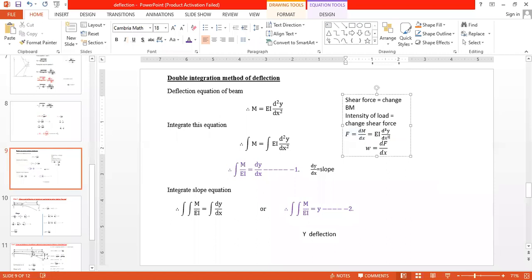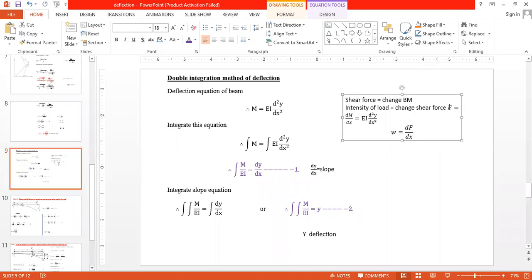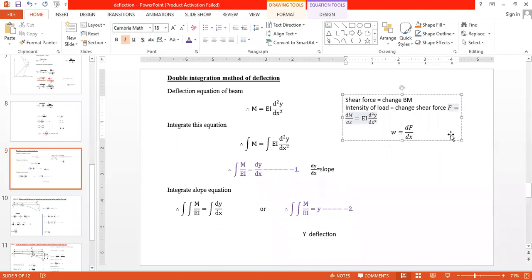That means it is the third derivative of deflection. EI into the third derivative of deflection is the shear force. You have to remember this.